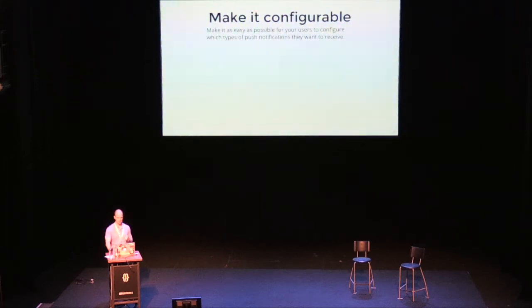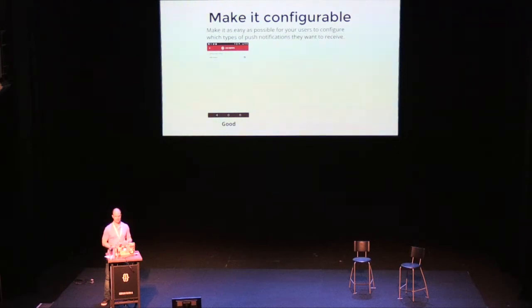Also make it configurable. You don't want to just have that dialog come up and say, we're going to send you push notifications, and not give the user any way to turn it off or to indicate what kind of pushes they want. Now, this would be the most Canadian content I have in this presentation, but this is the CBC News. This is an example of an application that I uninstalled because it was annoying the hell out of me with too many push notifications.